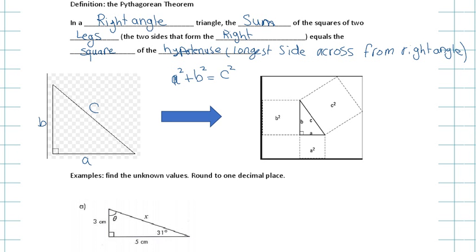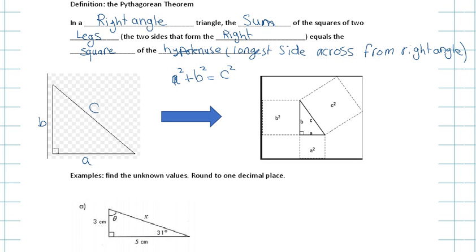But C is very important, that C is your hypotenuse. So, Pythagorean theorem says the sum of the squares of the legs is equal to the square of the hypotenuse.